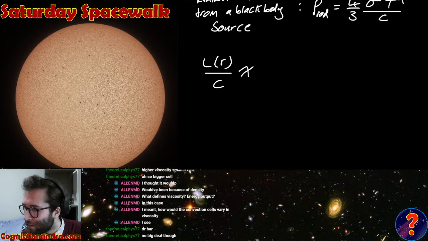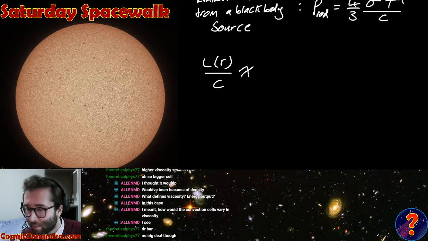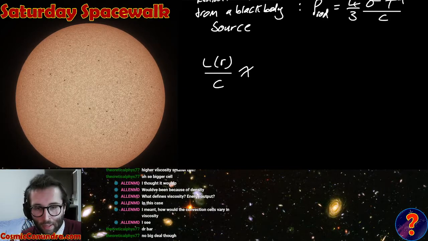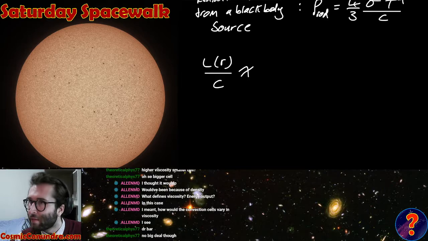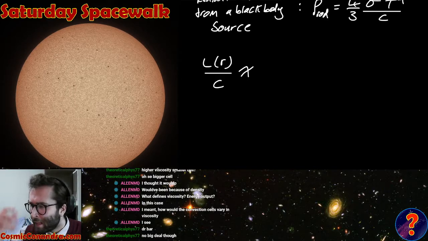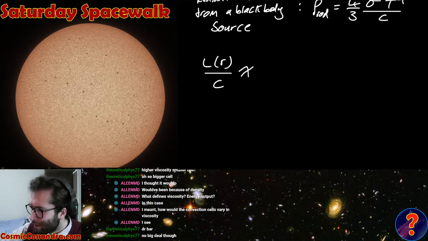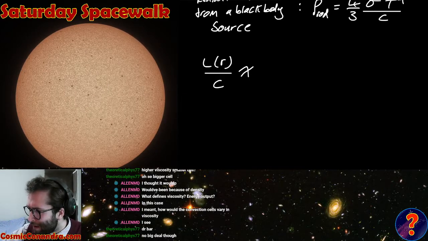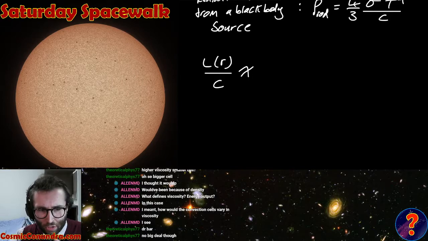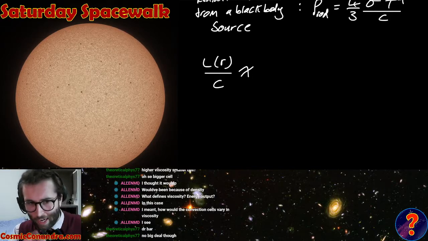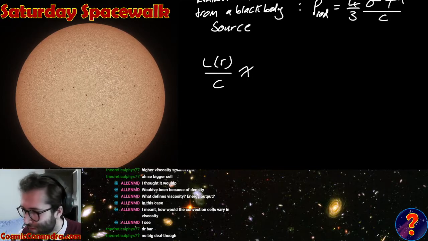So for different temperatures, the radiation will be absorbed or will be scattered in different ways. I can't actually remember how it works now. I think for high temperature, the opacity just becomes constant. It doesn't depend on frequency. But anyway, we're just leaving it here as a constant factor. Okay.